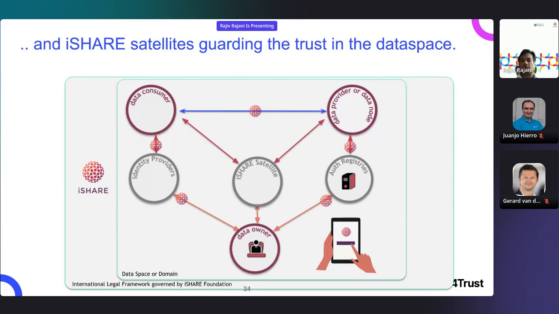So it not only lists participants from your data space, but from other data spaces as well. This enables you to have direct interaction with other participants from other data spaces in an interoperable way, because the base level of trust is always preserved irrespective of which data space that participant belongs to.